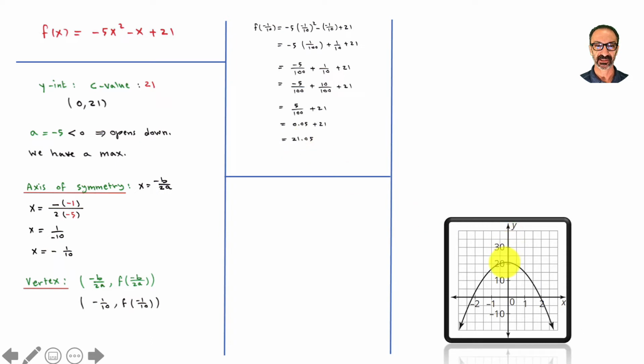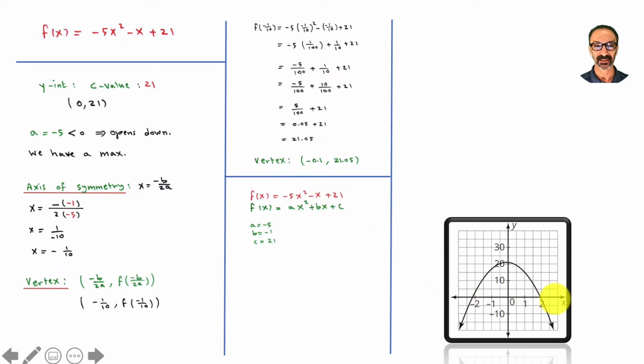It looks like, yes, the maximum or the vertex is at this point, which is -0.1, -1/10, and 21.05 right there. Now, this is my equation. This is the standard form. Comparing it, I have a and b and c. a is -5, b is -1, and c is 21.